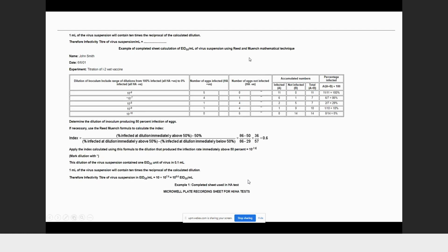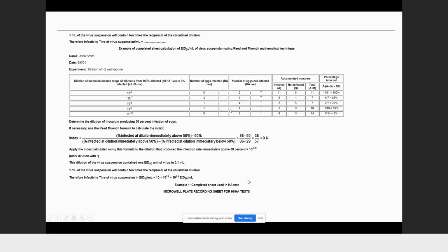So this is how it works by example. Okay, I'll show you. Let's say this is an example from the link I showed you just now. In this example, they start from -6. Imagine in -6 you got 5 positive HA, 0 negative HA. In -7 you get 4 positive and 1 negative HA, and so on.